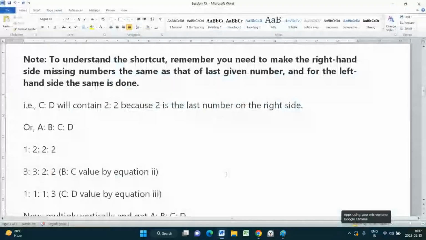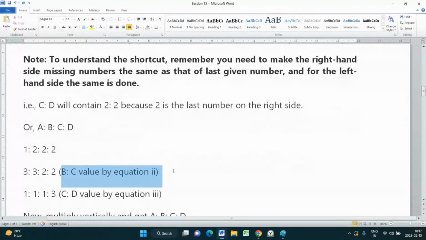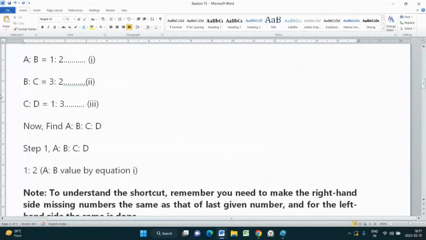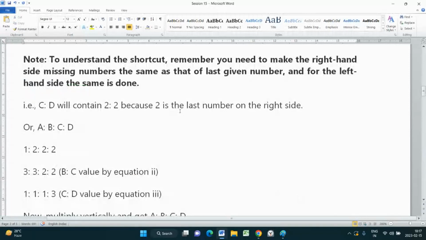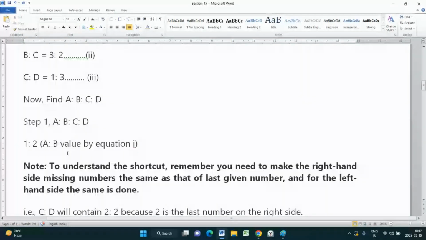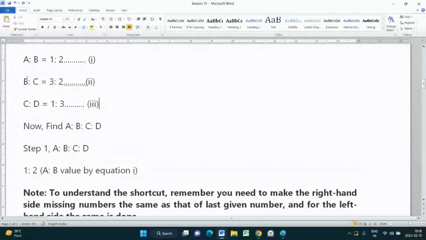So we are assuming A is to B. Now they are taking equation 2. What is equation 2? B is to C is 3:2.